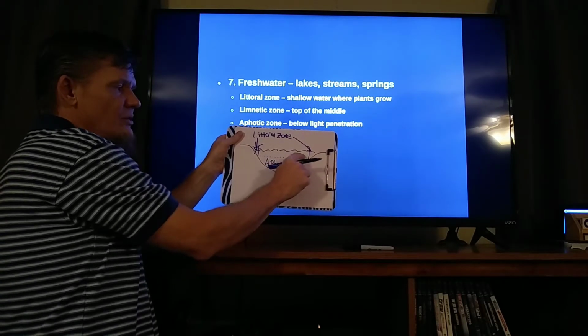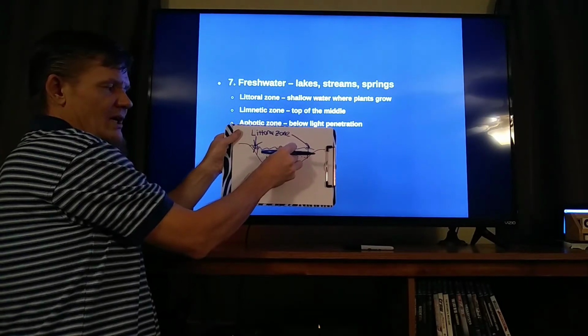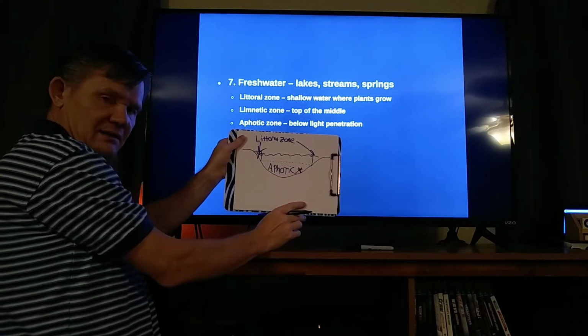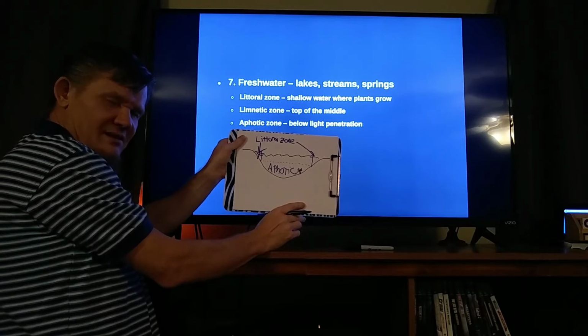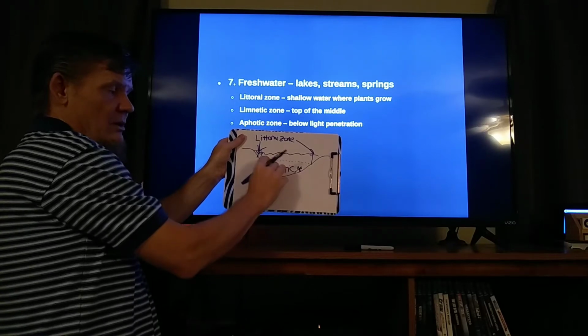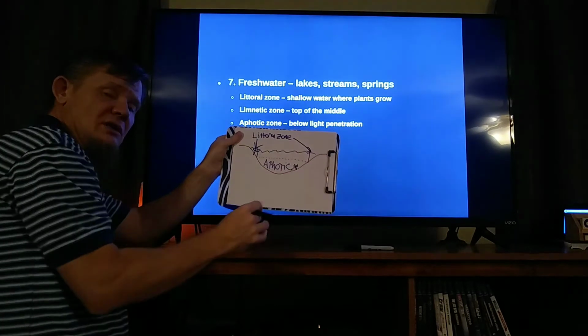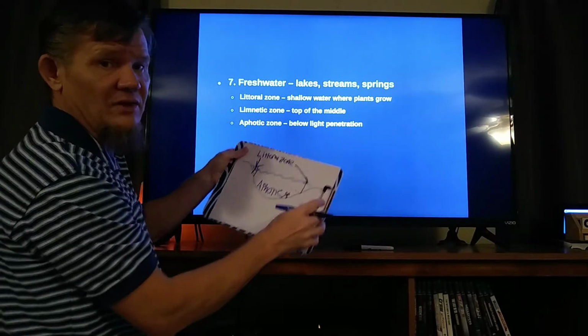So what about this whole center area then, where it's shallow enough that light can penetrate to support photosynthesis, but it's too deep for plants to grow? What are we going to find there? Well, we'll find algae there, and that region, the top of the middle, is called the limnetic.